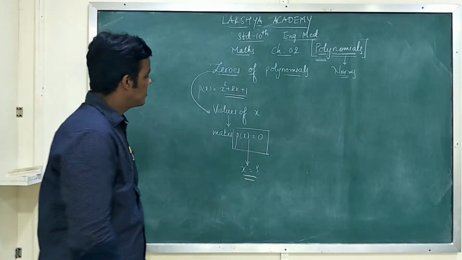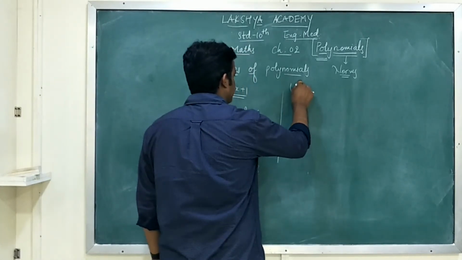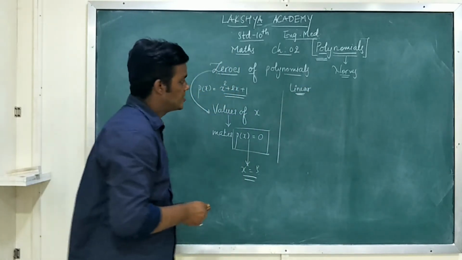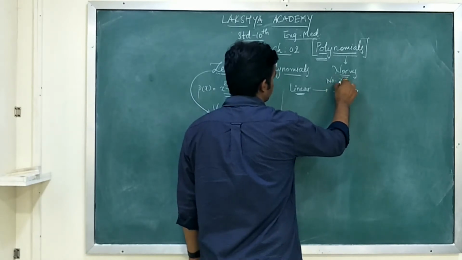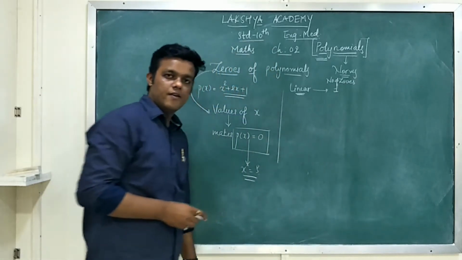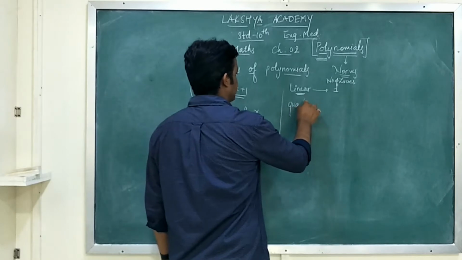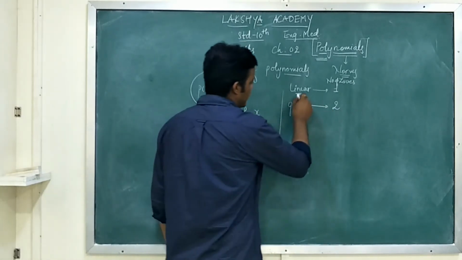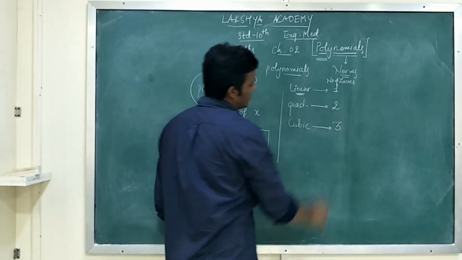Got it? Right? So we can say that if it is a linear polynomial, then it will have only one zero. If it is a quadratic equation or quadratic polynomial, then it will have two zeros. If it is a cubic equation or cubic polynomial, then it will have three zeros.